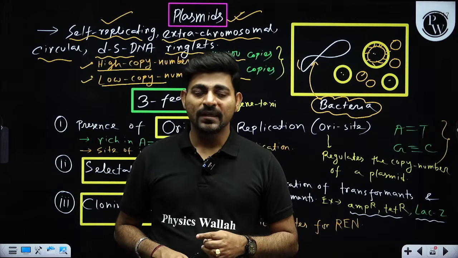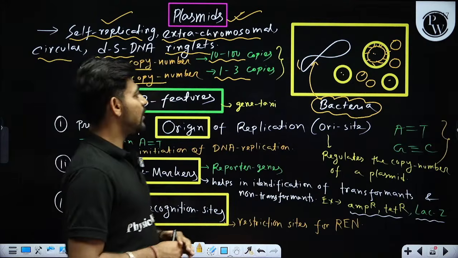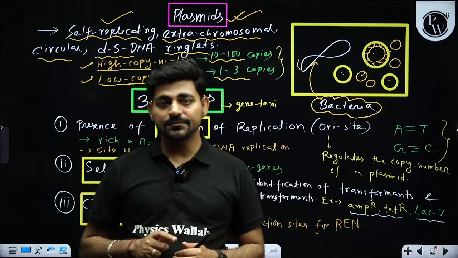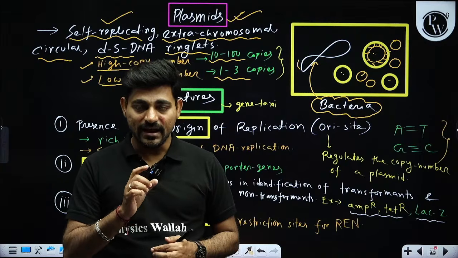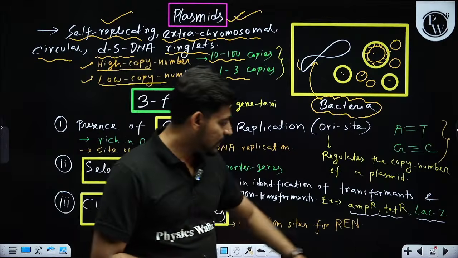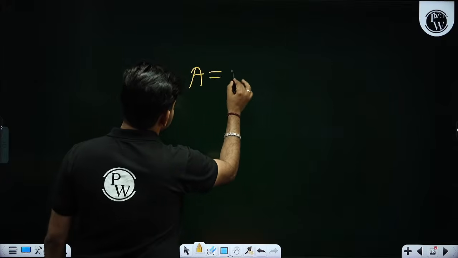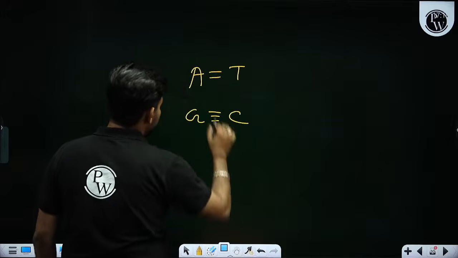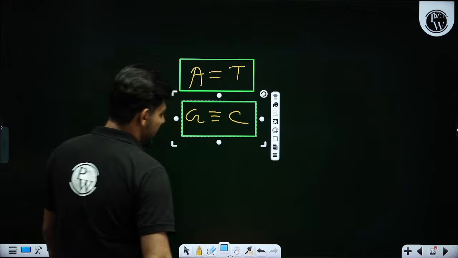Why is it so? Generally it is observed that for high copy number plasmids, the origin site of replication contains more A and T. You know that when there is base pairing between the strands, A will bind with T and G will bind with C. Now A binds with T with 2 hydrogen bonds, G binds with C with 3 hydrogen bonds.